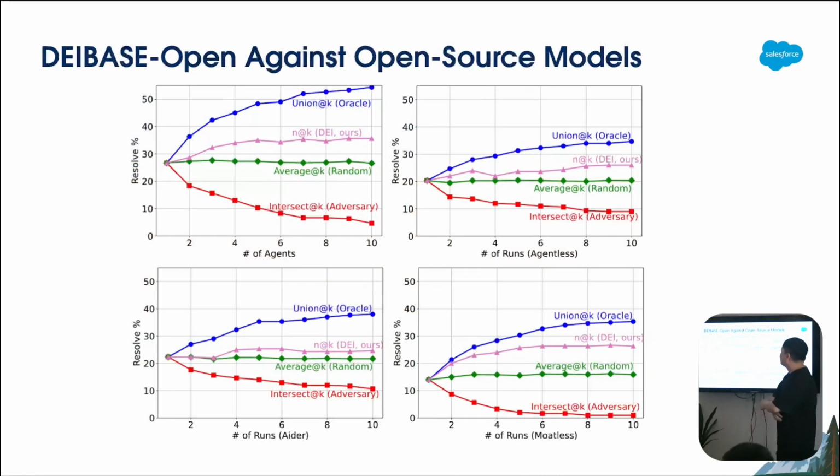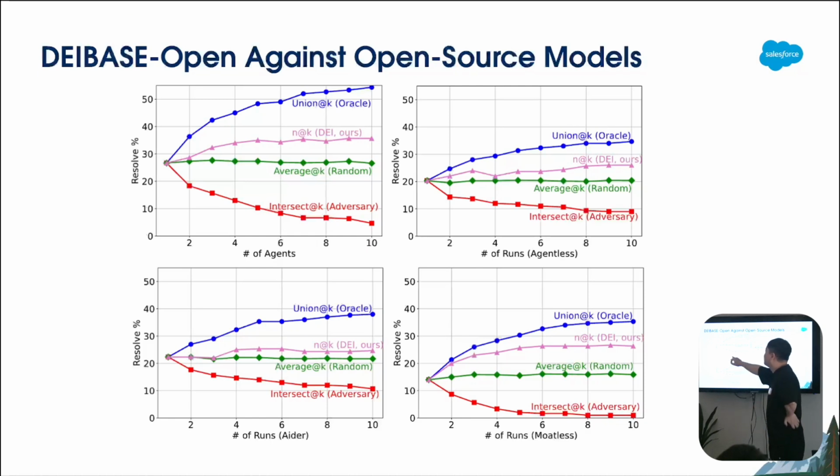All right, here's some more results. Those curves are hard to understand, but I'll explain one by one. So this union oracle is the oracle performance, if this ensembling multi-agent thing works like a gun, that's the performance you'll achieve.